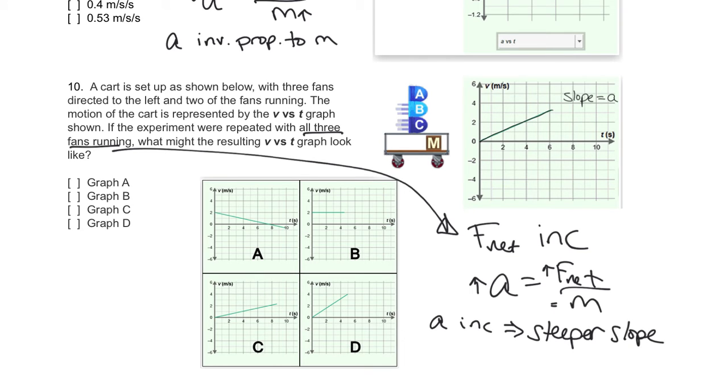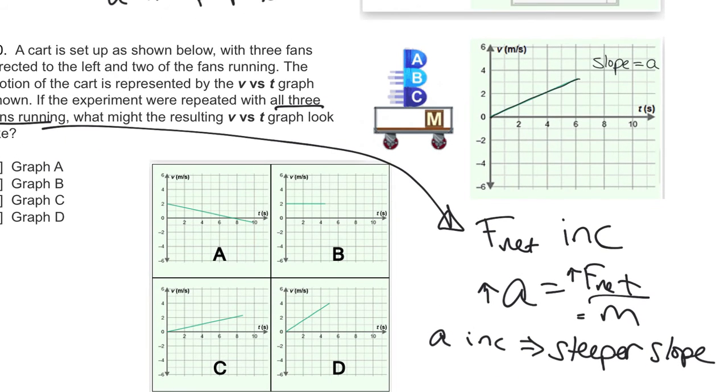Does everybody get that? 2 of you? Okay, 3? Cool. So now we look at these graphs and we're like, okay, this guy went up here. So I'm going to draw this original one. So which one was steeper? D. Okay.